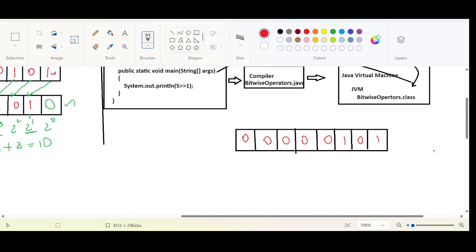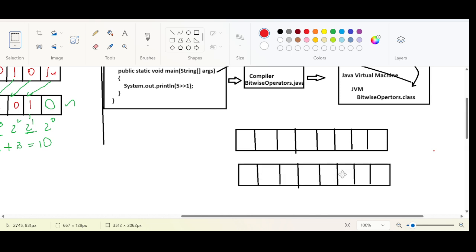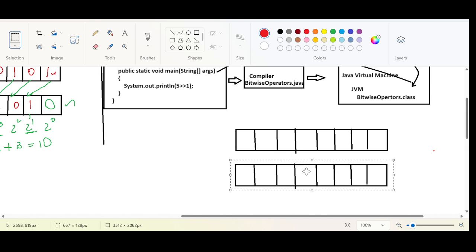Now, let me take a copy of this. Okay. So 5 is getting represented as 101 0 0 0 0 0. But here I am saying right shift, 5 right shift 1.